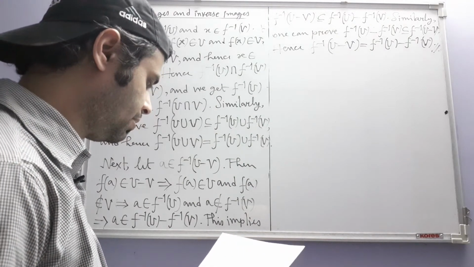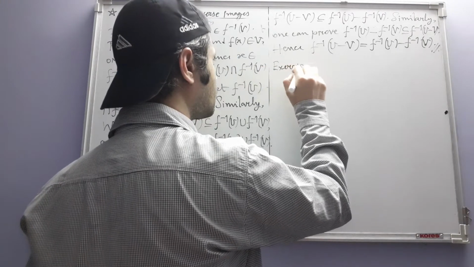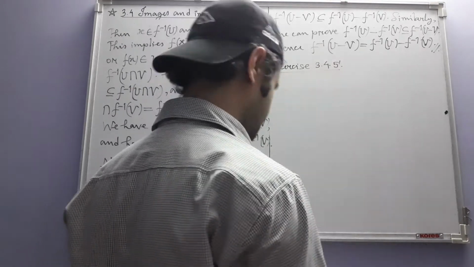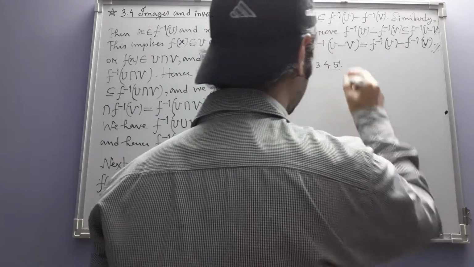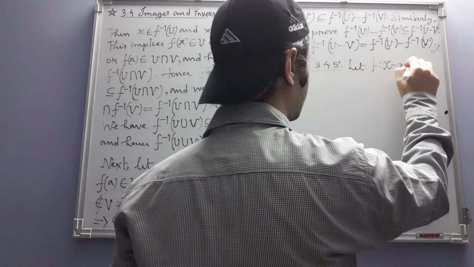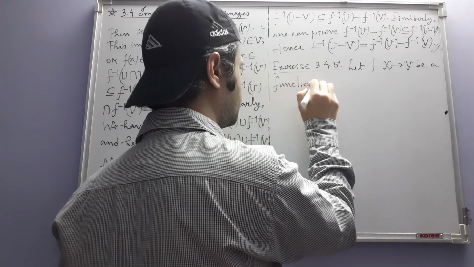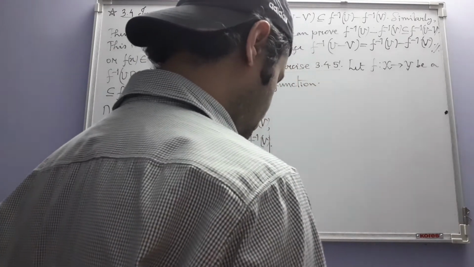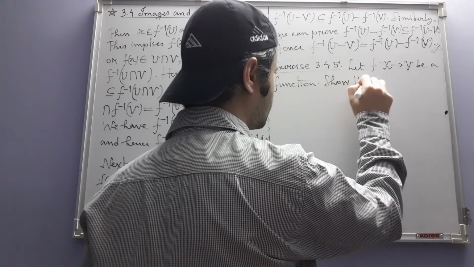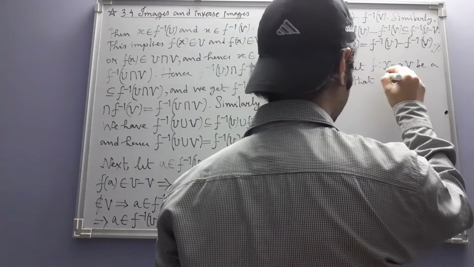Okay, then what does the fifth one have? Let this be a function. Show that, so this one, okay, let me just first write it.